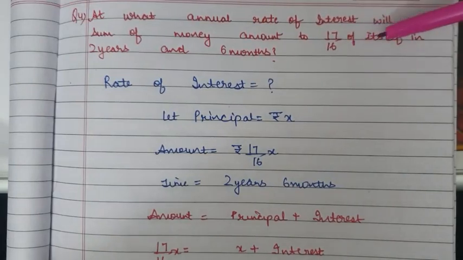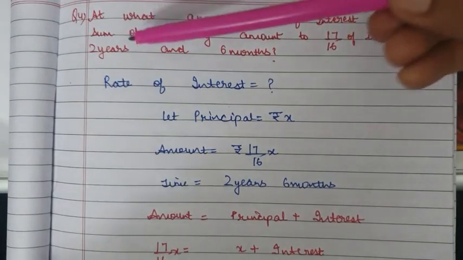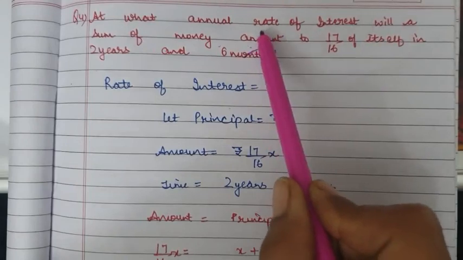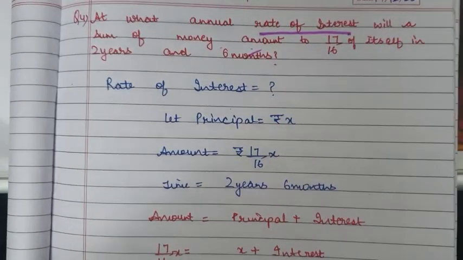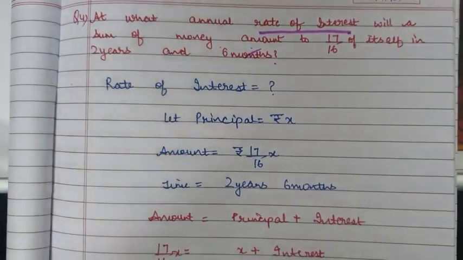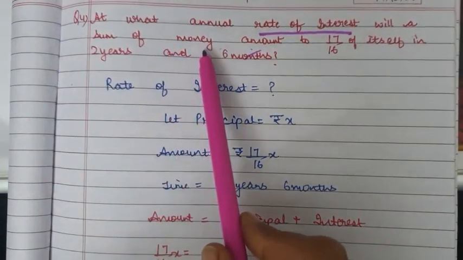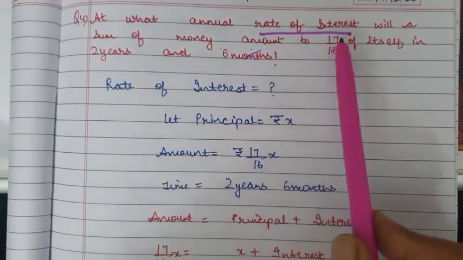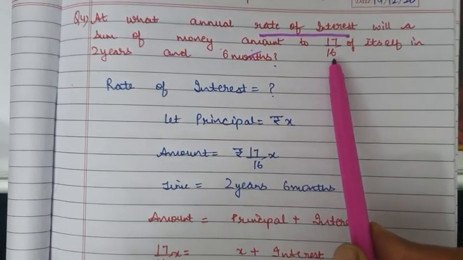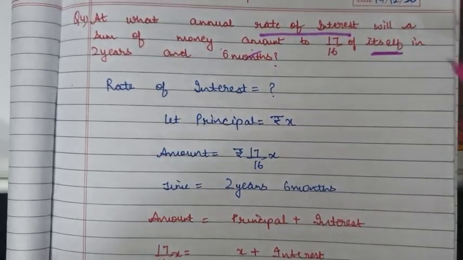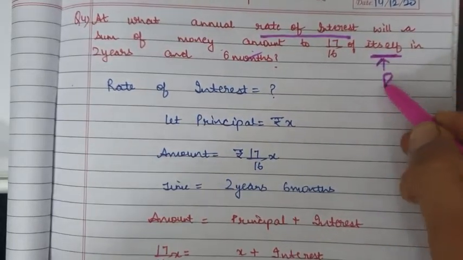Next question is, at what annual rate of interest will a sum of money amount to 17 upon 16 of itself in 2 years and 6 months? Now children, we have to find the rate of interest here. It is given to you that a sum of money amounts to 17 upon 16 of itself. This itself is what? This is principal.